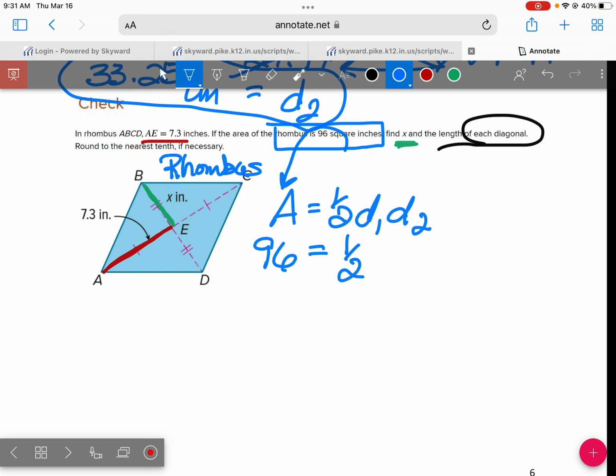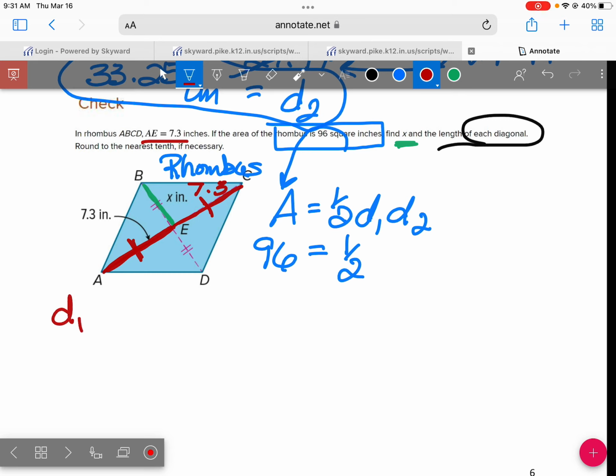diagonal 1. Do I have a whole length for diagonal 1? I do not. But they tell me that this is 7.3, and it says this is congruent to this. So this length over here is also 7.3.